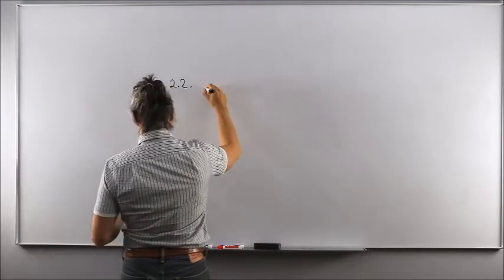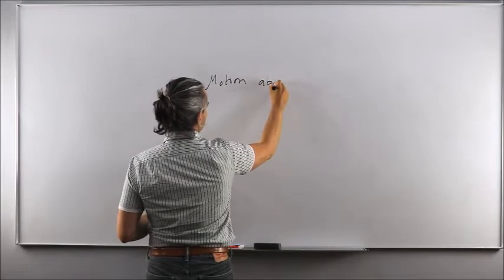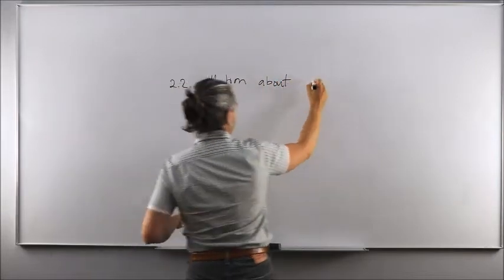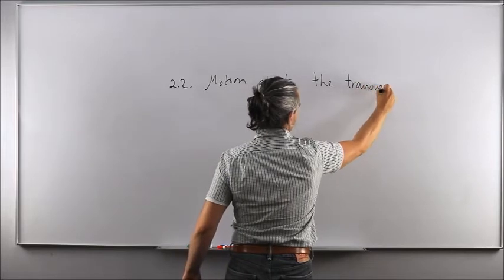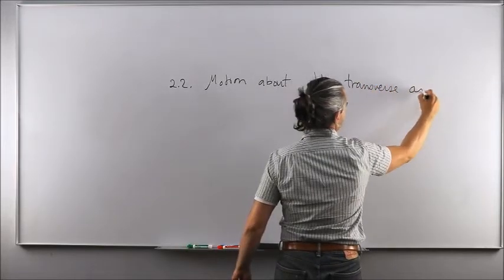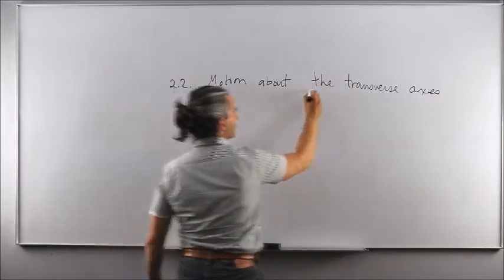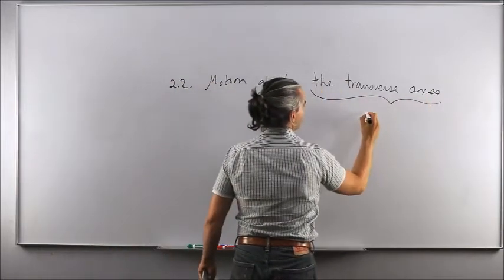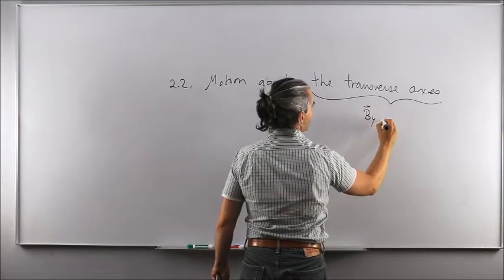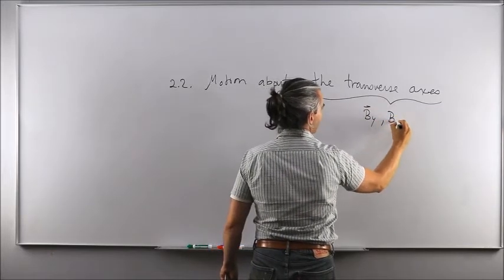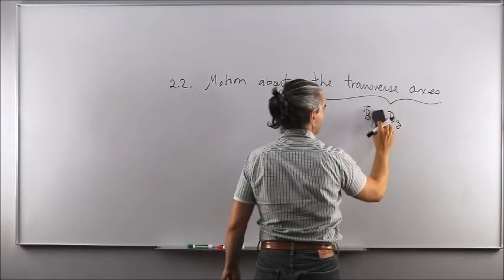We're going to get the motion this time about the transverse axis. Okay, or in other words, we're seeking expressions for the angular rate components about bx and by.